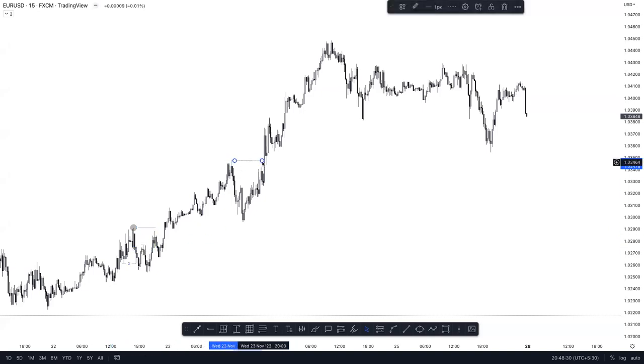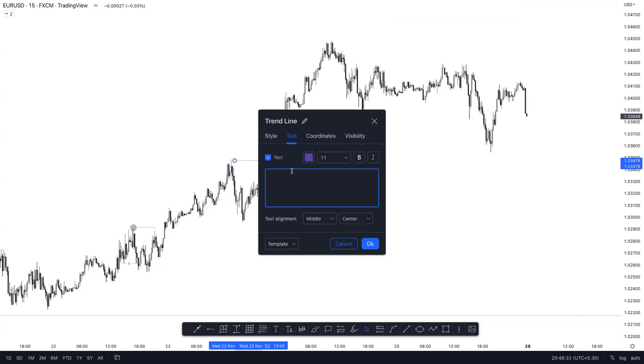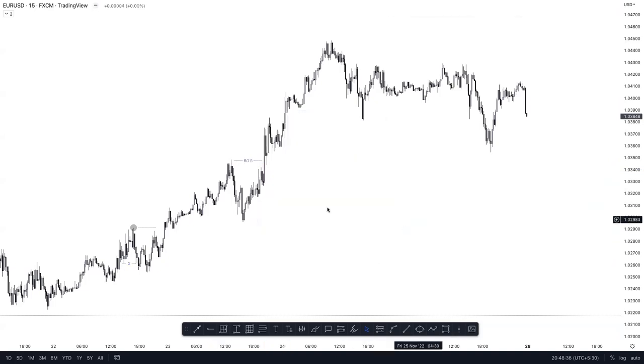This one is a new break of structure. Again, it goes higher high, and this one is the actual structure. So this one is our new structure like this, right?